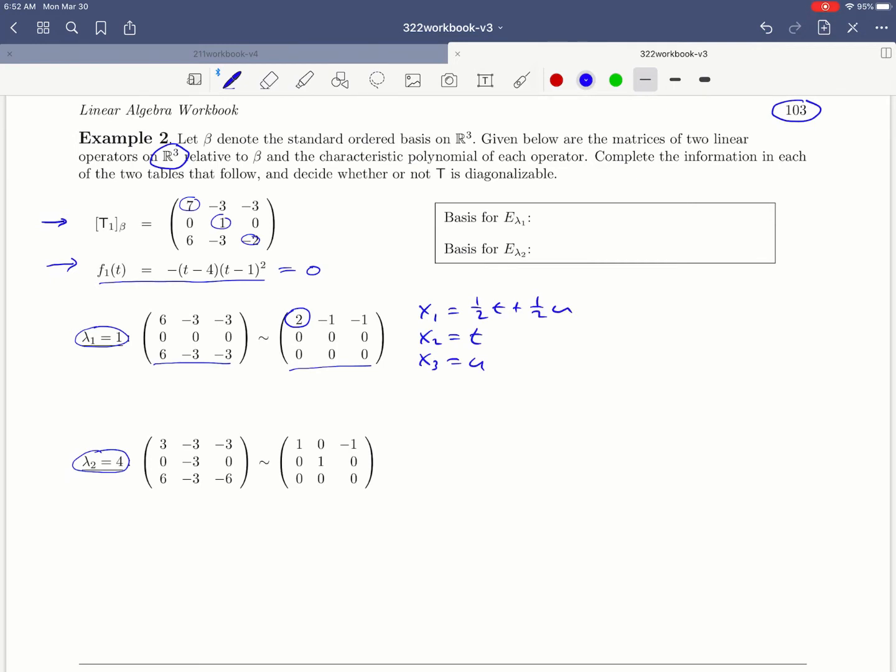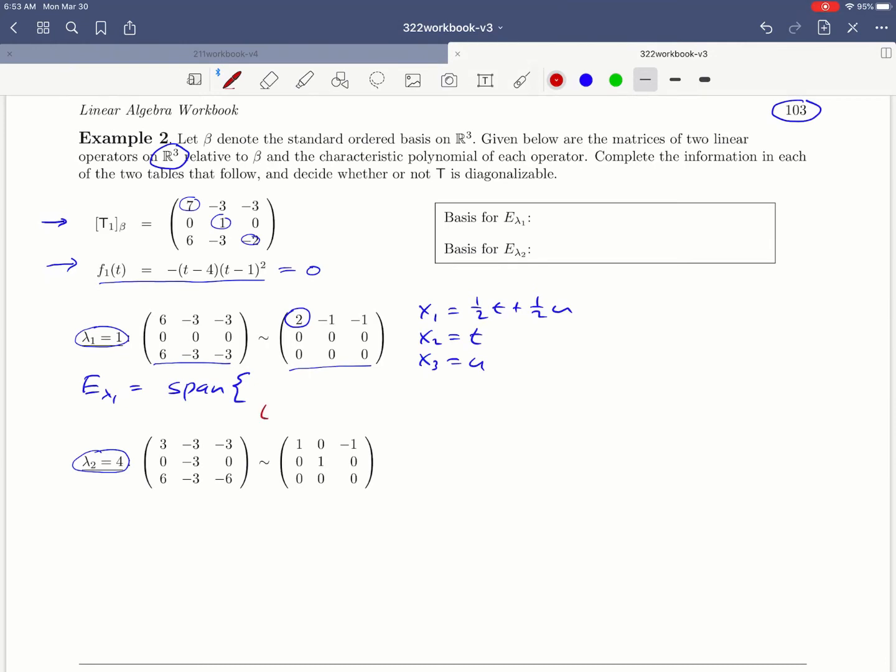Then we'd go from that and try to find a basis for the eigenspace associated with lambda 1. Because we've got two free variables, we need two eigenvectors to get the basis. If you think back to the process, it consisted of taking our free variables one at a time and setting them equal to something non-zero.